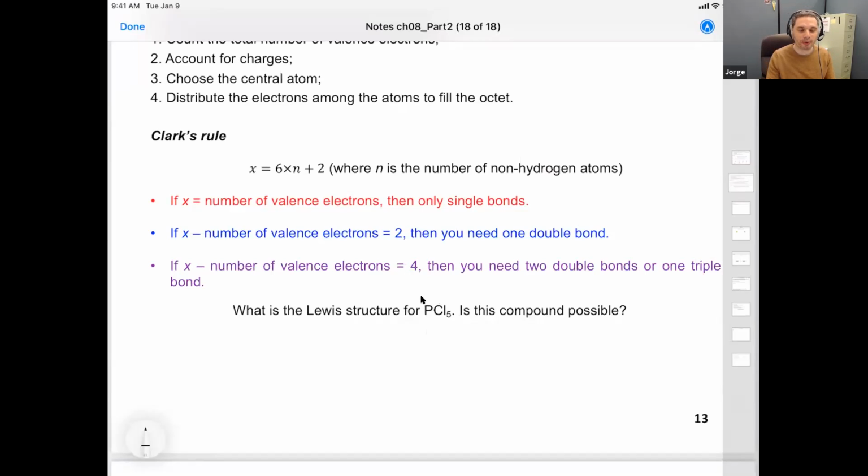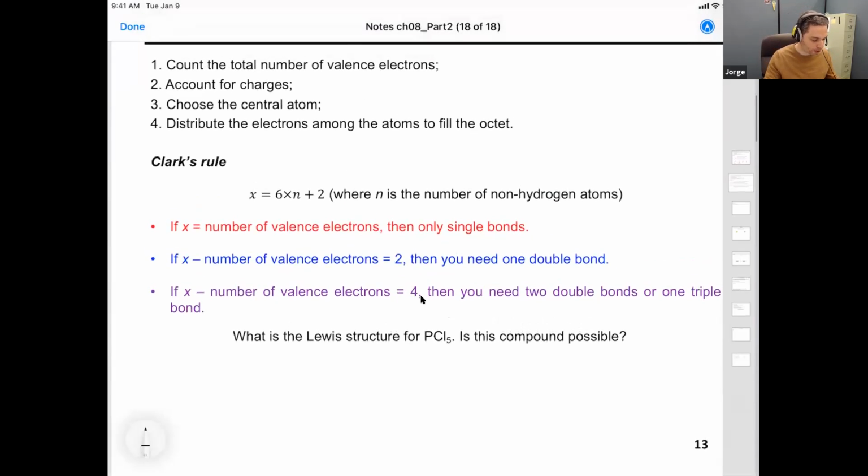So remember to follow the instructions here. Count the total number of valence electrons, account for charges, choose the central atom, and then distribute the electrons among the atoms to fill the octet. And we are here talking about phosphorus, group 15, and chlorine, group 17.